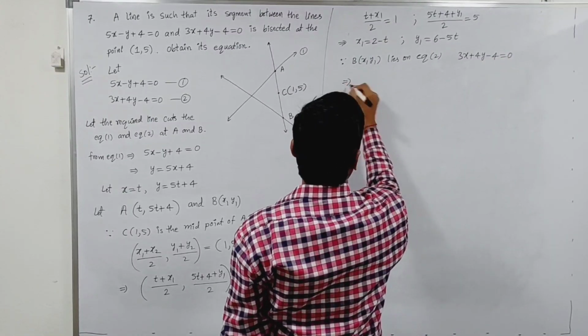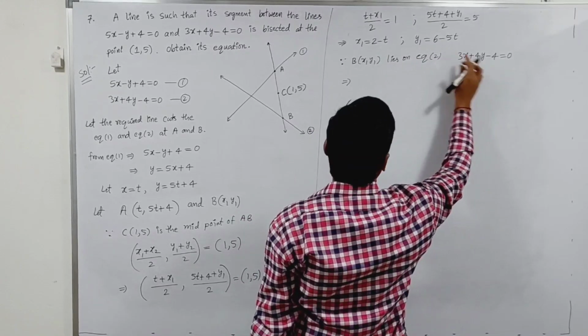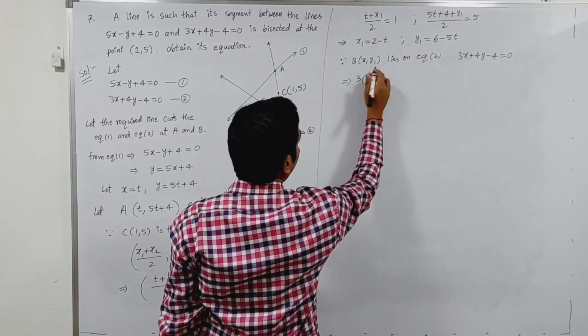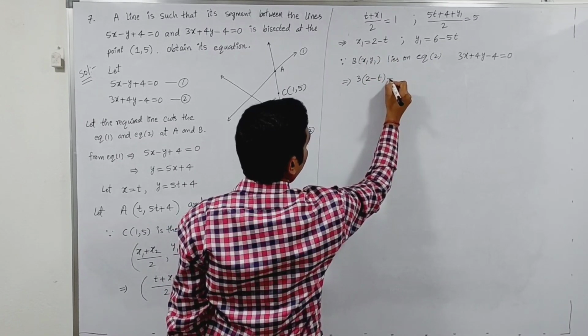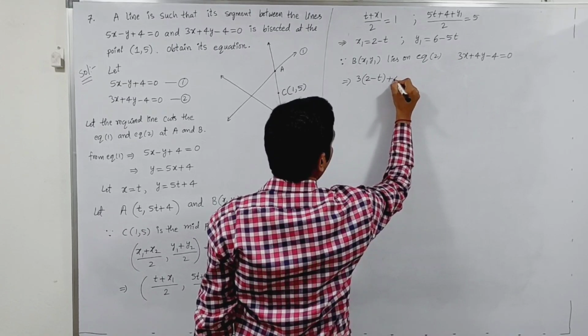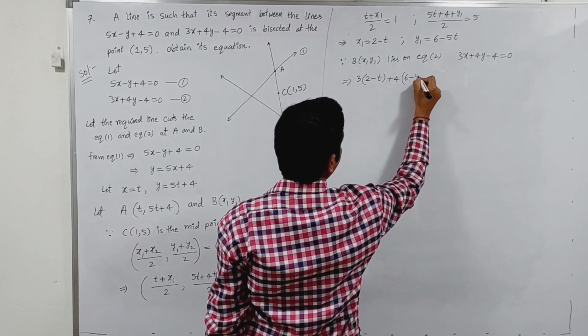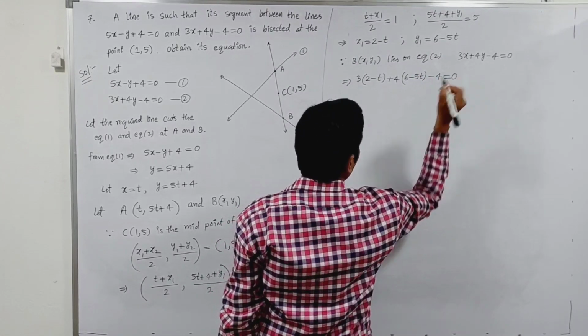In the place of x, replace the x coordinate x1. In the place of y, replace the y coordinate y1. That is 3 into x1 value (2 minus t) plus 4 into y1 value (6 minus 5t) minus 4 equal to 0.